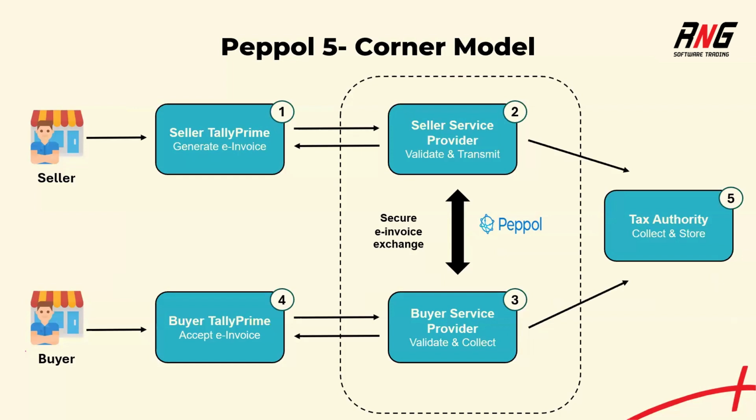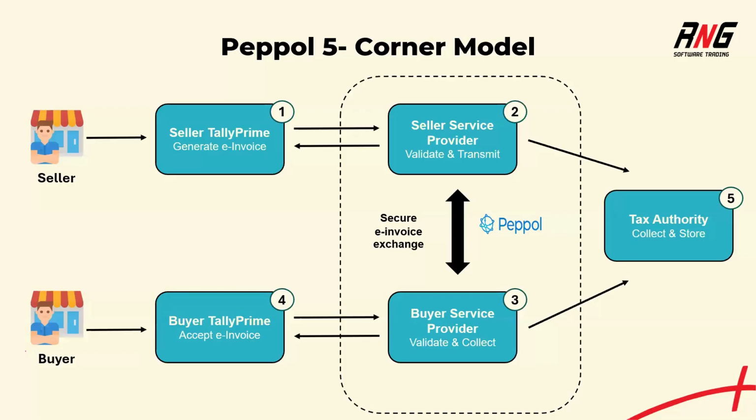And if the seller's ASP validates it, it goes to the buyer's ASP. At the same time it goes to the tax authority as well. So once the seller generates the invoice, it goes to the FTA. At the same time it gets validated by the seller's ASP, and it goes to the buyer's ASP. The buyer's ASP can be Tally, or any other software which is accredited by the FTA.